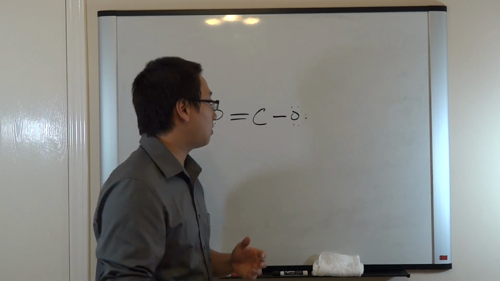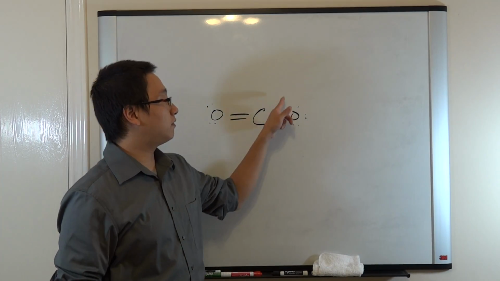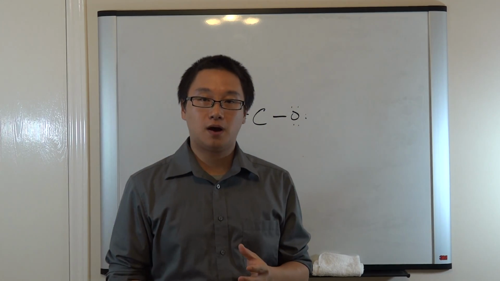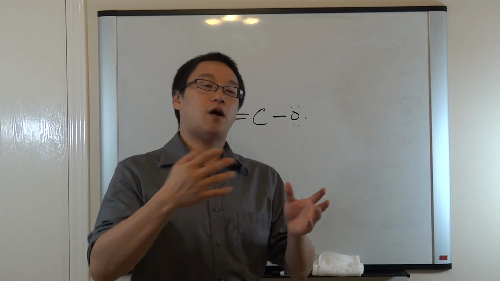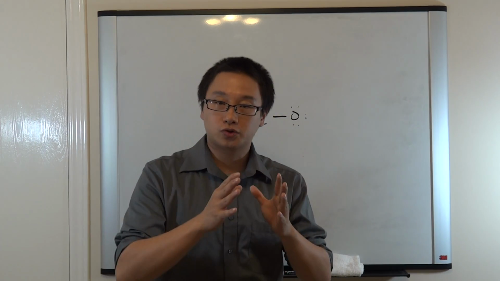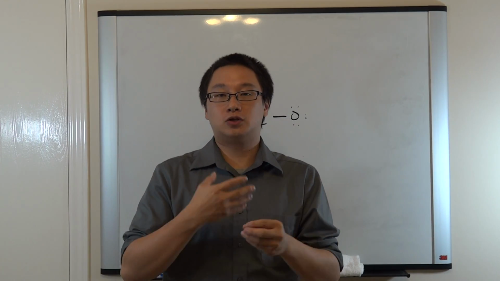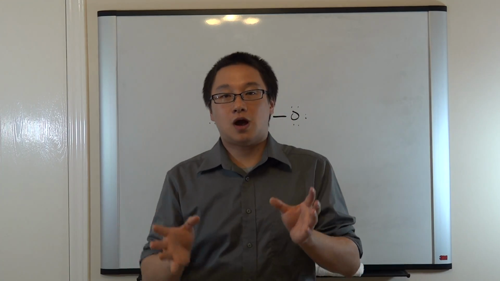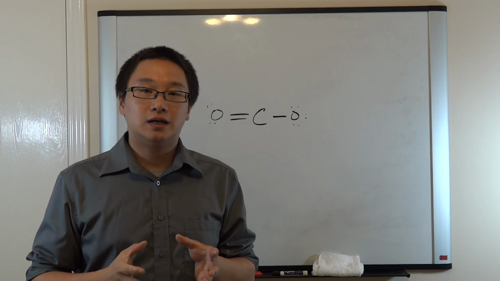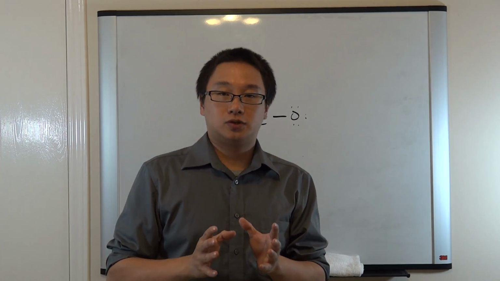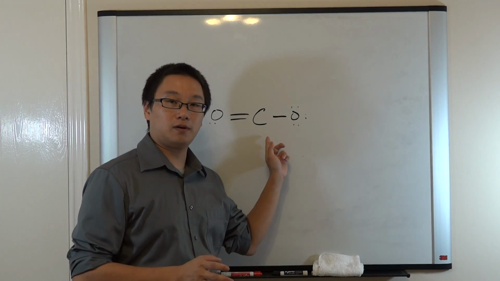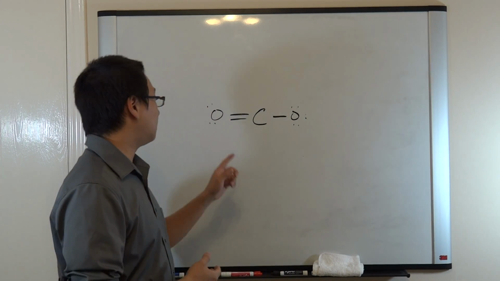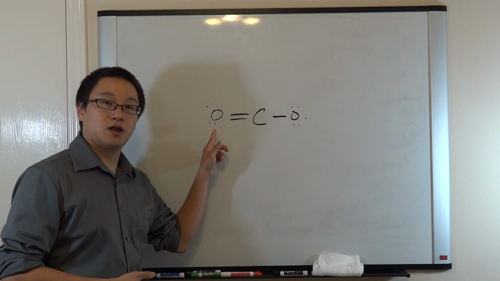Now, considering the other option, which is sharing one of these pairs of electrons of this oxygen to make a double bond, it is closer than a single bond, but it's not that close compared to a triple bond between oxygen and carbon. So by comparing these two options, we see that the double bond between this oxygen and carbon is what we call energetically more favorable than making a triple bond.